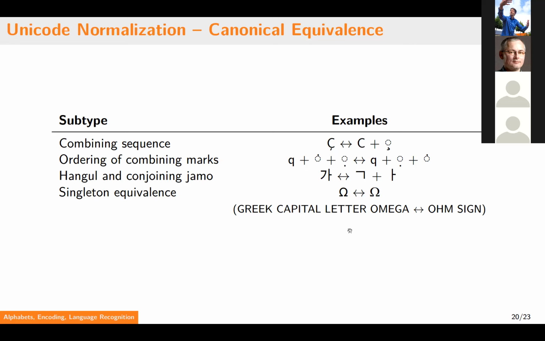There are also equivalences like the letter omega from the Greek alphabet versus the same letter that appears in the set of mathematical and physical symbols, where it is called the ohm sign. But again, I have different fonts here, but otherwise they are really equivalent. So we want to make sure that these will be encoded the same way.